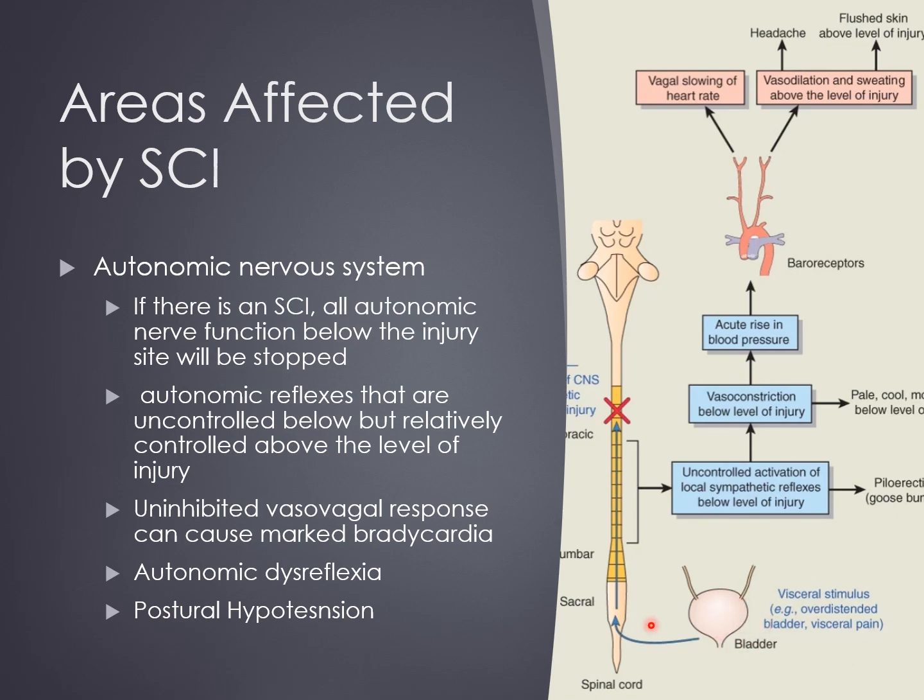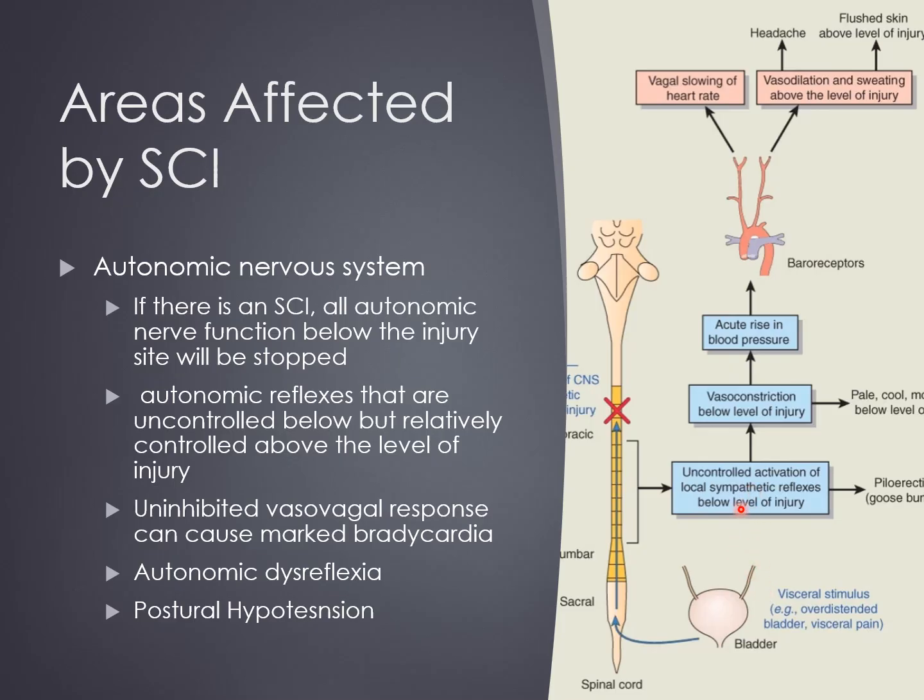That sends a signal back into the spinal cord, but now we don't have autonomic response that is controlled below that level. So uncontrolled activation caused by this bladder overfilling causes really local sympathetic reflexes to happen below the level of injury. So we get things like piloerection, or goosebumps, below the level of injury.